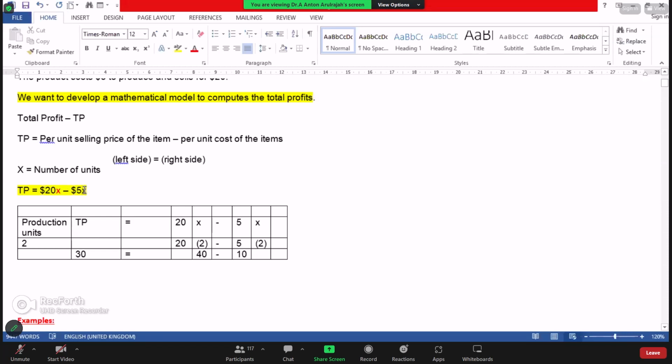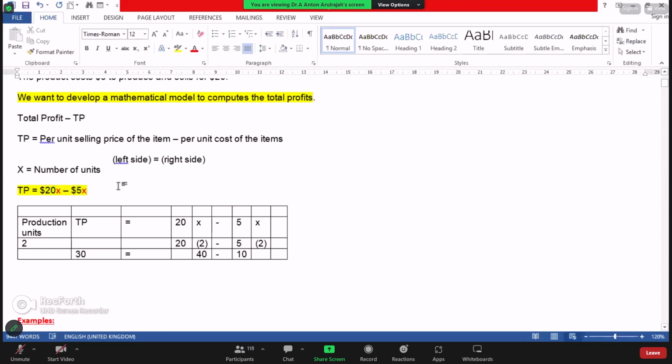The 5 is also a rupee value. So 20 minus 5 is 15.